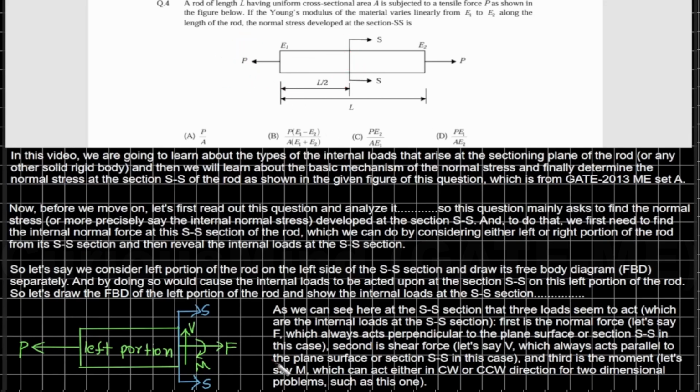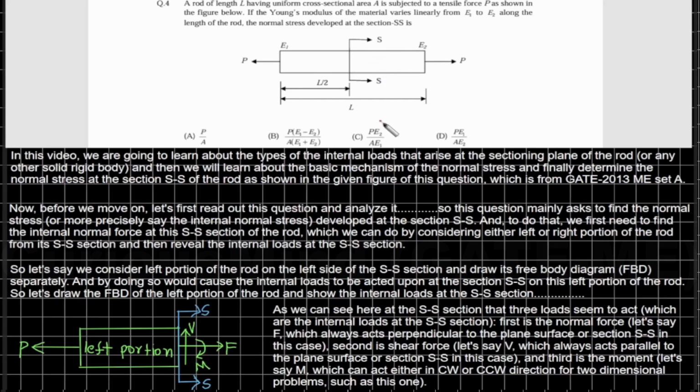All right. So opposite of this force F, and the shear force would act on the SS plane of the right portion of the rod in the downward direction. All right, opposite of V, and the moment would act in the counterclockwise direction, that is opposite of M. All right.